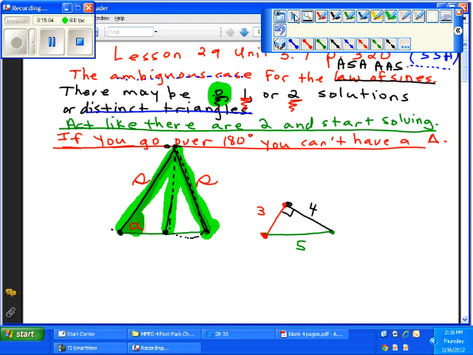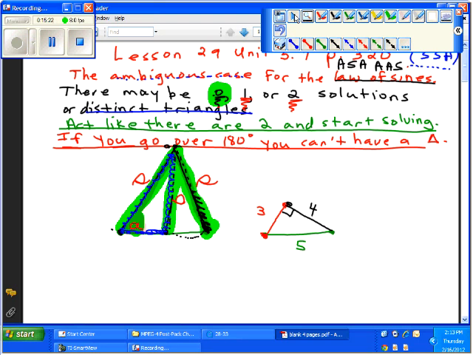If I lock it in here, then what I would have is side, side, angle with that little triangle, or I would have side, side, angle with that big triangle.